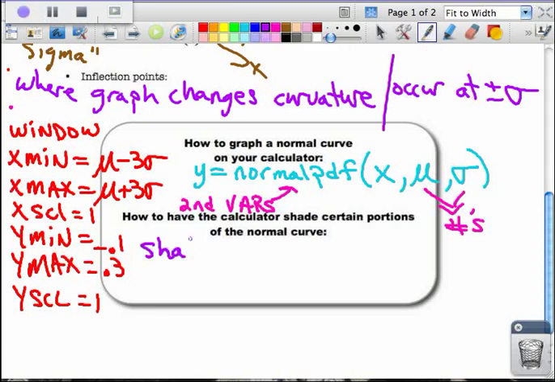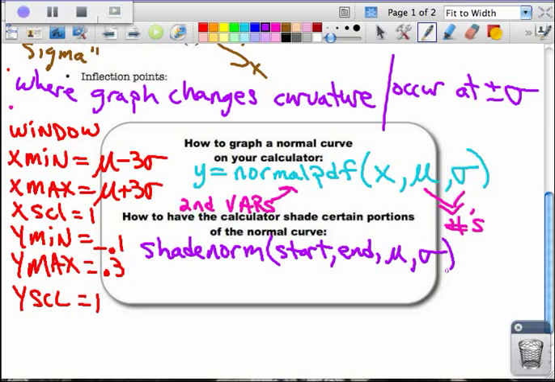Shade norm. And there'll be a parenthesis that pops up, and then it's the number where you start, the number where you end, the mean, and the standard deviation.